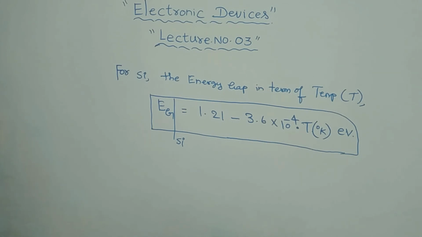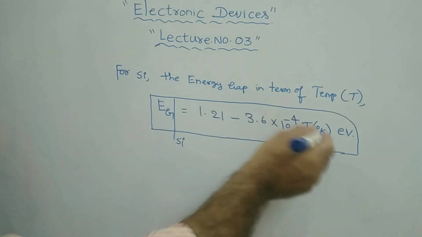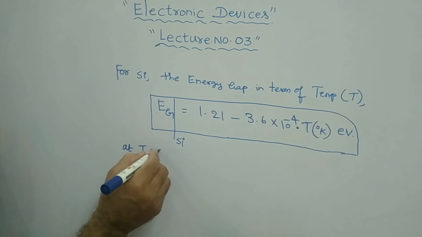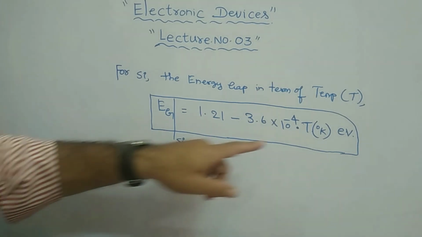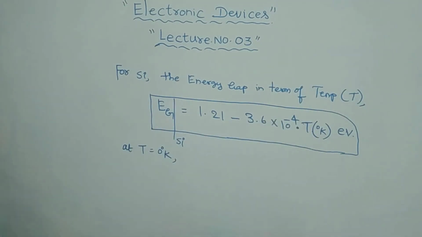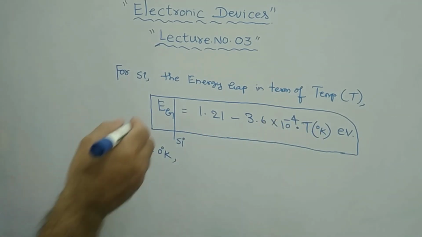Now here two important points I would like to explain. Say for example at T equal to 0 degree Kelvin, if I apply 0, then what will be the Eg value?